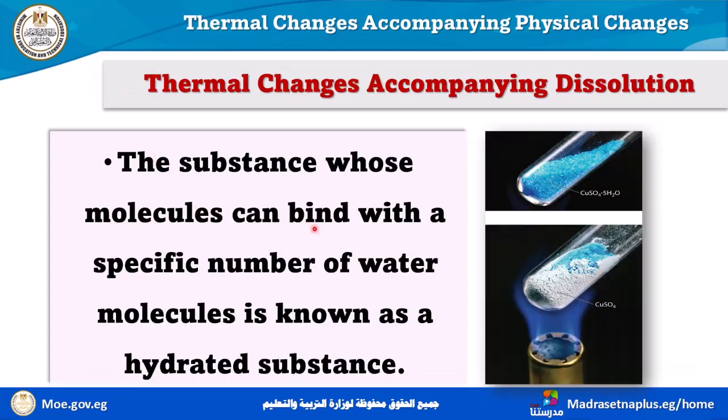The substance whose molecules can bind with a specific number of water molecules is known as the hydrated substance. Let's have an example for the hydrated substance. The hydrated substance, like the blue copper sulfate.